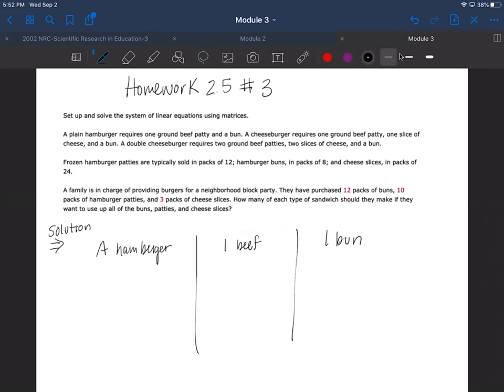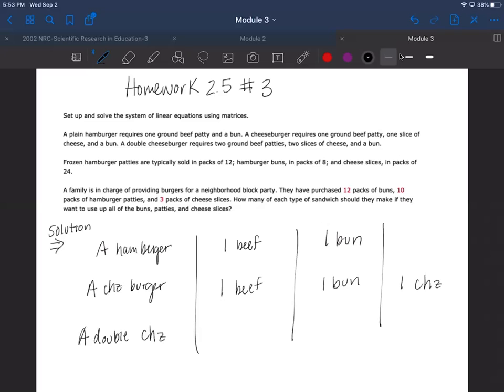For a cheeseburger, you can have one beef patty and one bun, but you also need 1 cheese slice.